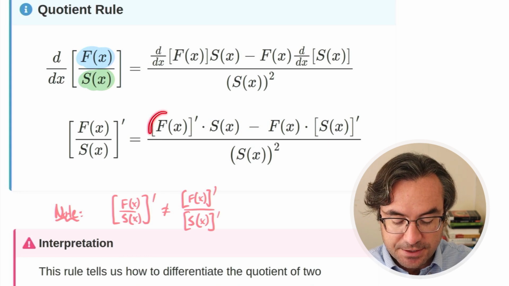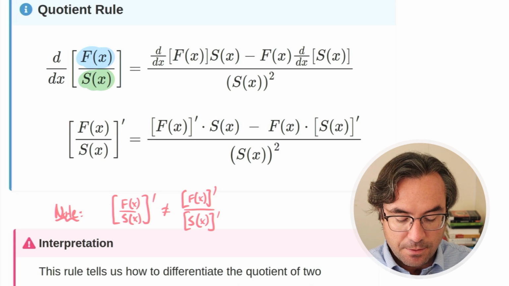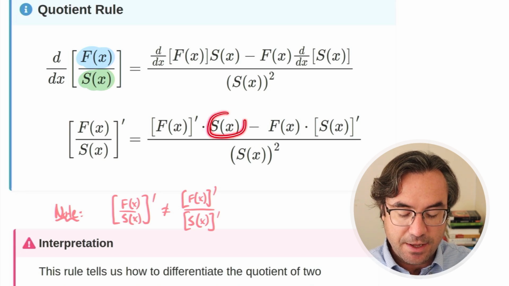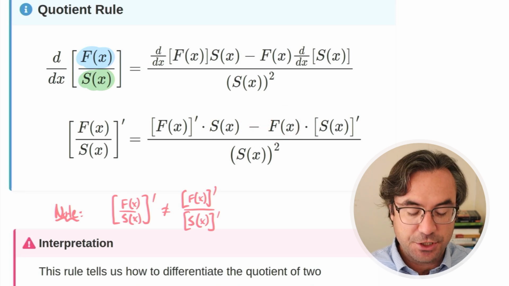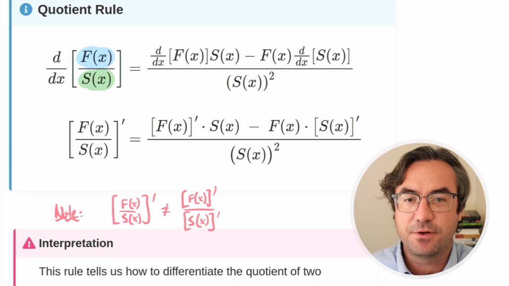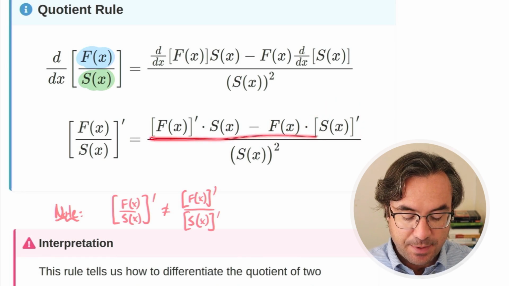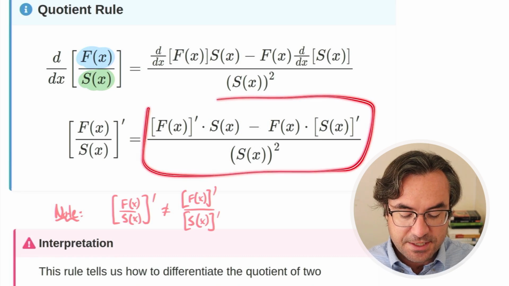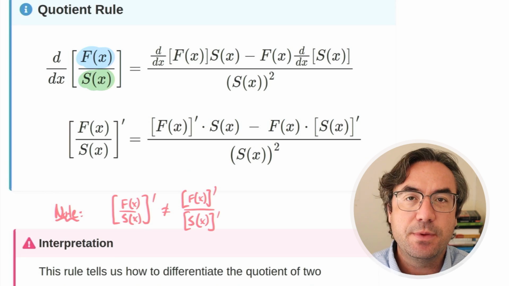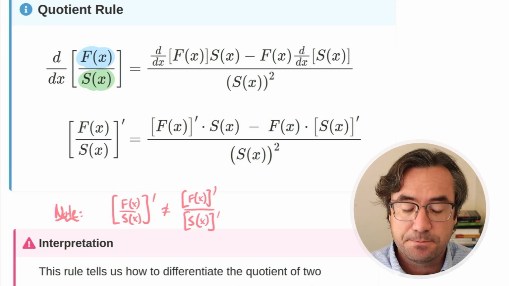So we differentiate the top function, and we multiply that by the bottom function. Then we subtract the top function times the derivative of the bottom function, and then we divide this by the bottom function squared.